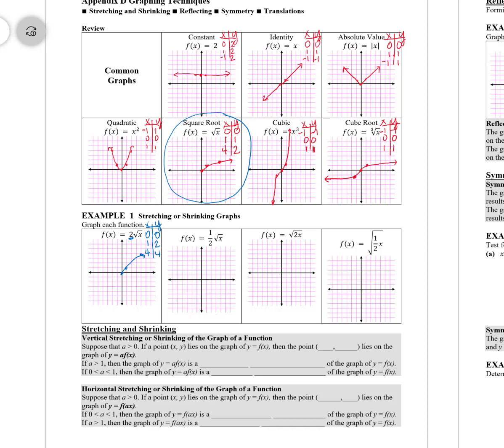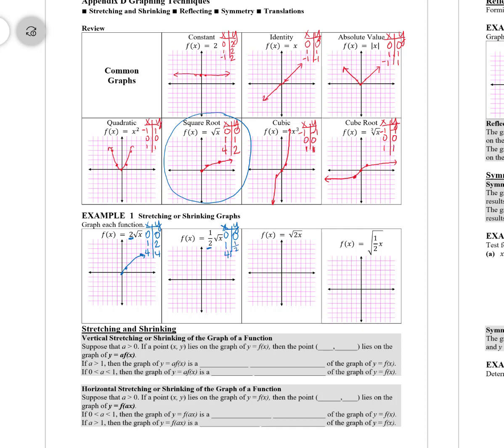Now for this one, we have 1/2 as the coefficient, and so we plug in our x's to get our y's in the original function, but then instead of getting 0, 1, and 2 for y, we're going to get half of those. So we have 0, 1, and 4 for x. If I plug in 0 for x, I have 0 times 1/2 is 0. Plug in 1 for x, 1 times 1/2 is 1/2.